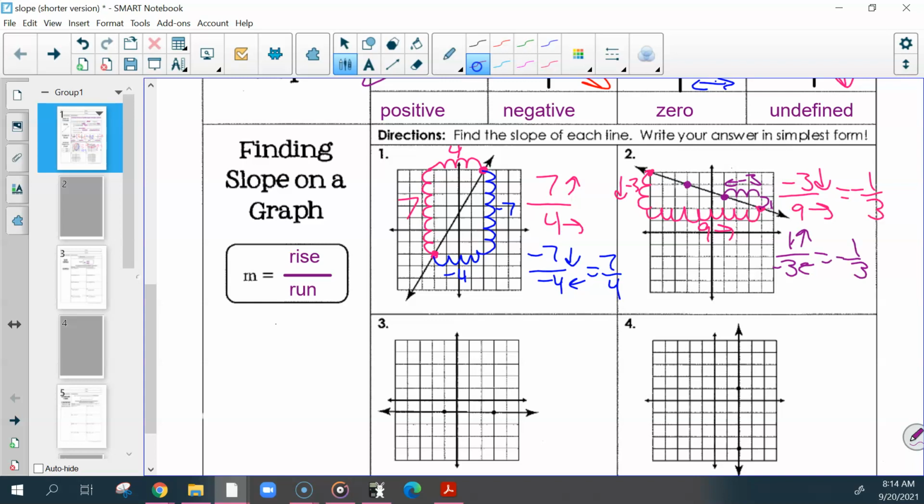So it really just depends on what points you see, and you have to remember to simplify always. Questions on that one? These last two, and those will be the last things we do today.